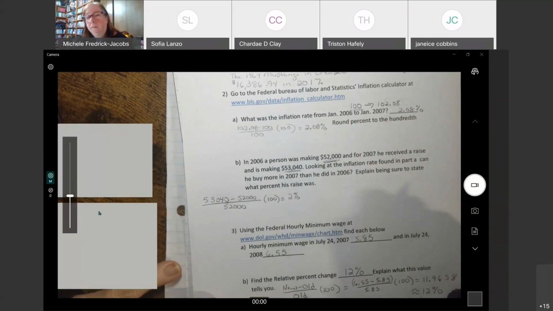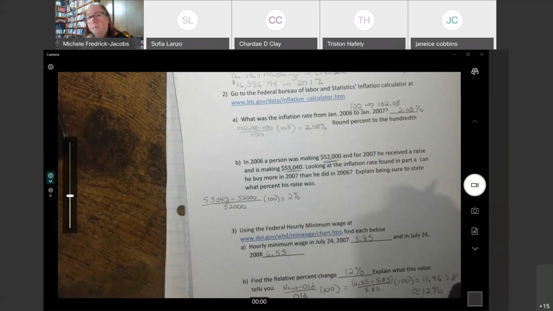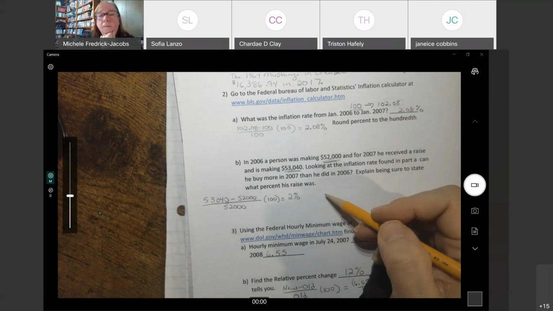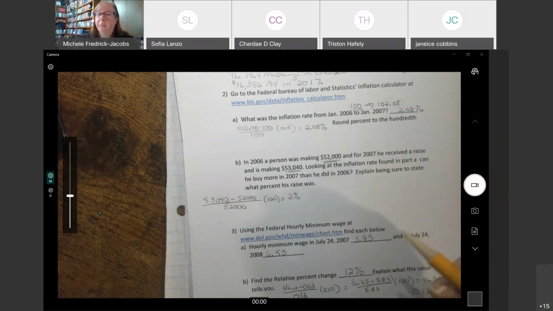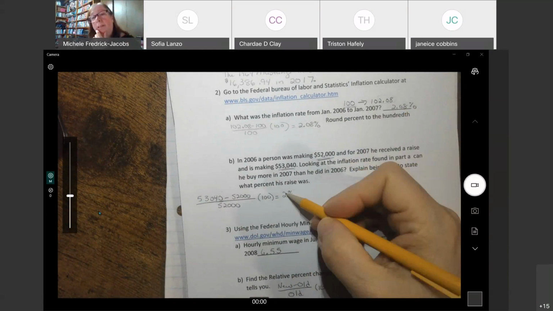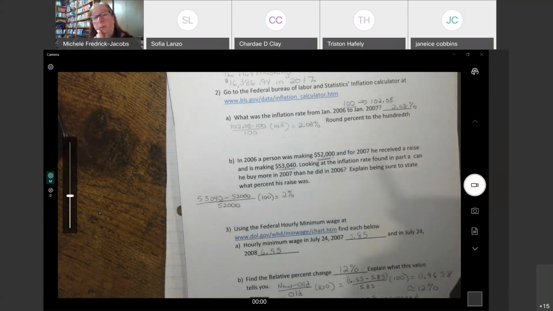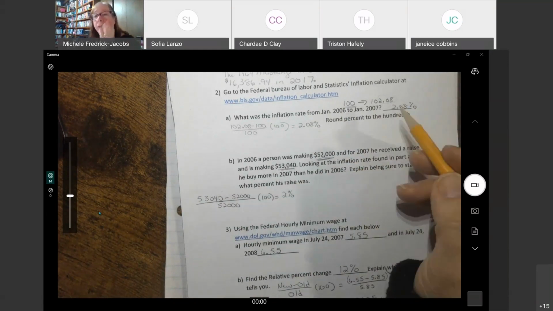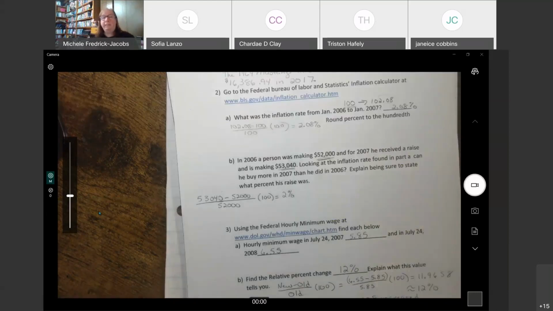If the percentage was the same as the one before that, then he would be able to buy the same amount. If it were a 3% raise, then he could definitely buy more things than he did the year before. So if equal, he only buys the same amount. Greater than, you can buy more.